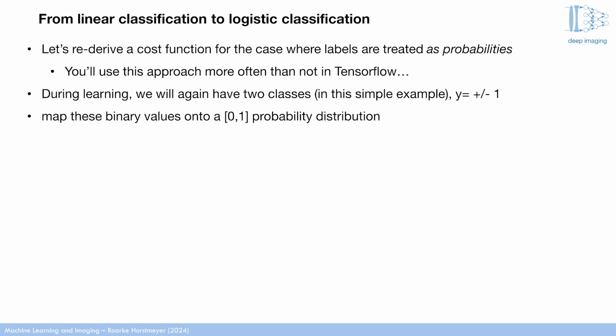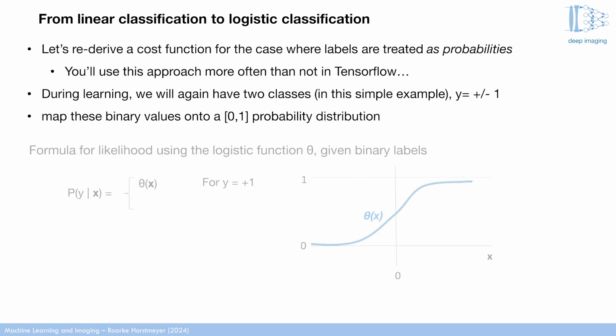Okay, and so what we're going to do is we have 2 classes. Y is either positive or negative 1, and we want to kind of map that to a probability, right? Or rather, consider these cases not as absolutes, but in a probabilistic sense. Logistic function applied to the input, right?